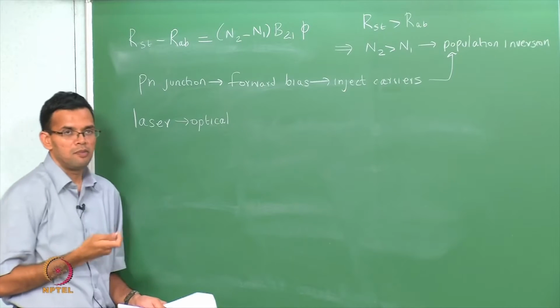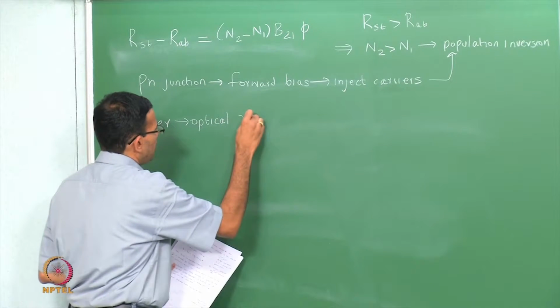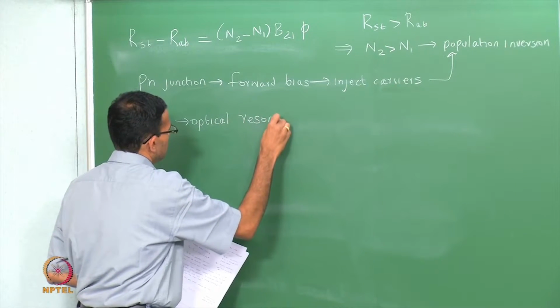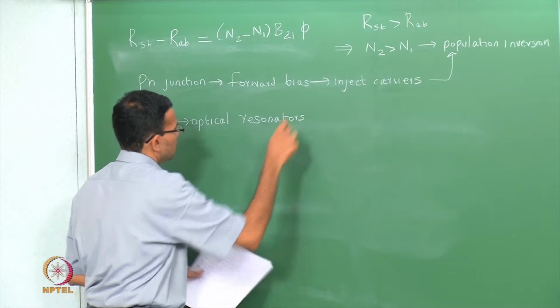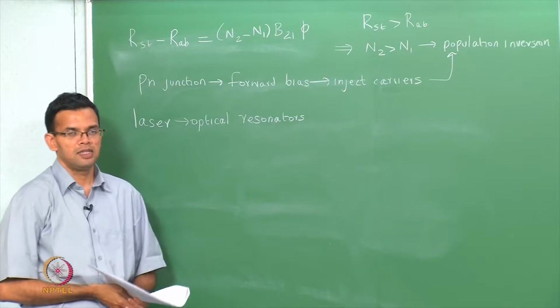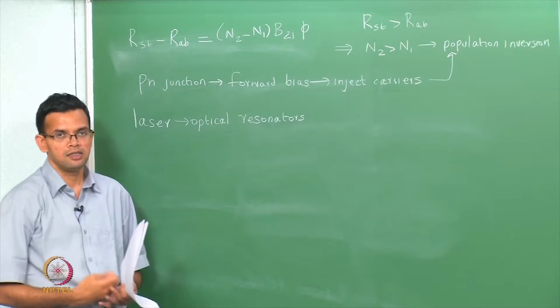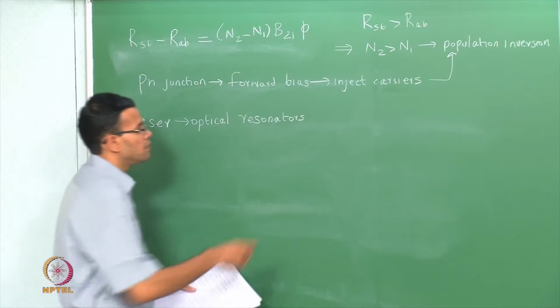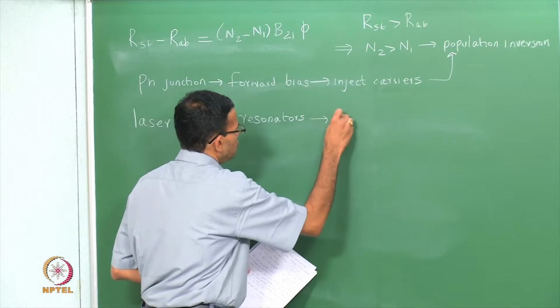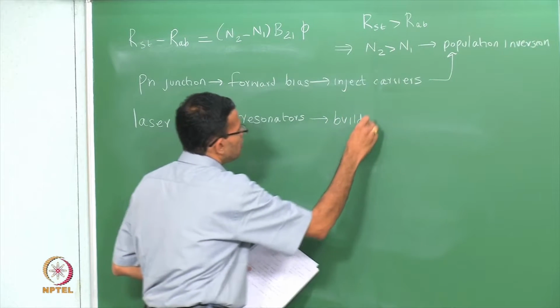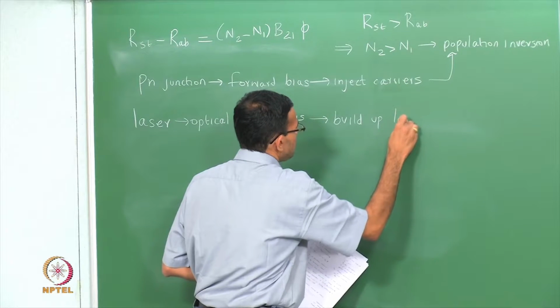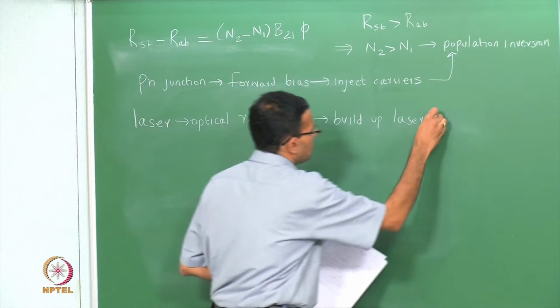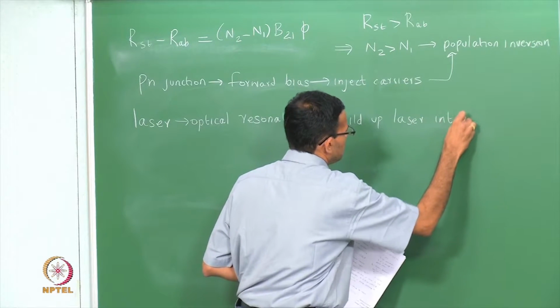We will see those in a minute. The function of these resonators is to reflect the light, so that a certain intensity of laser is built up. So, they usually are used to build up laser intensity.